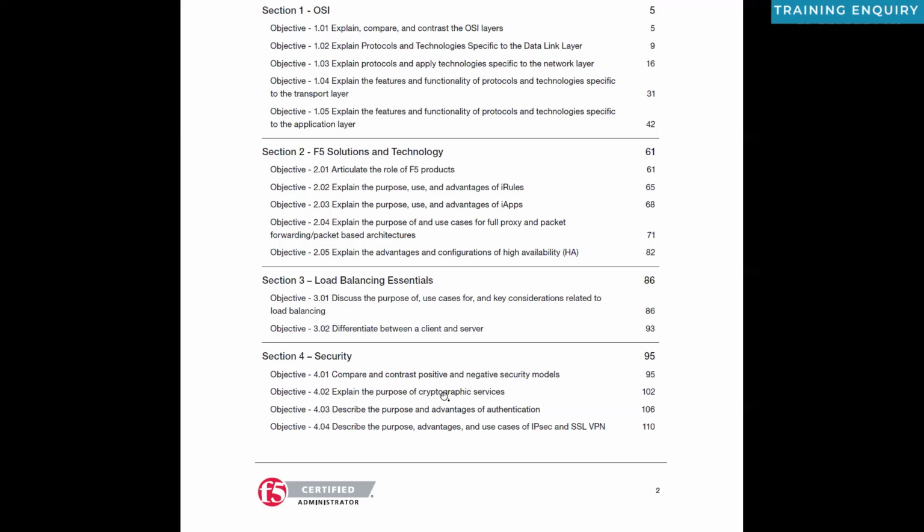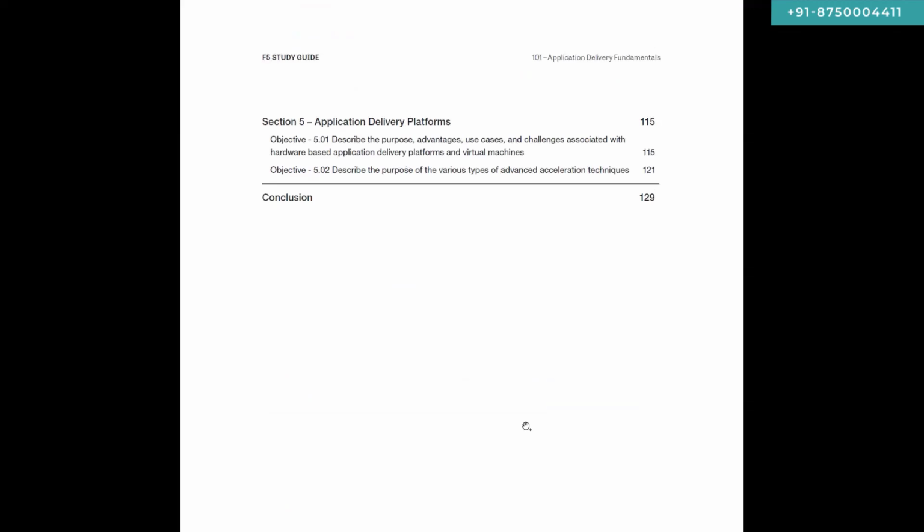Then cryptographic services, the advantage of authentication, then the purpose, advantage, and use cases of IPsec and SSL VPN. Although you're not going to configure them here, we just talk about those VPNs so that we are familiar with those terminologies. And then the platform, like which different types of platform we have got. In total, we have got 5 sections.